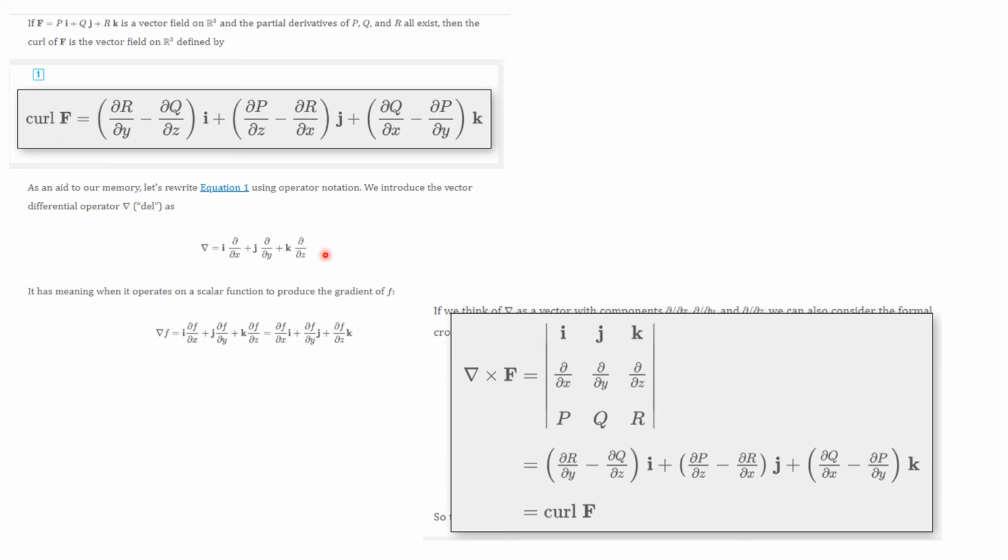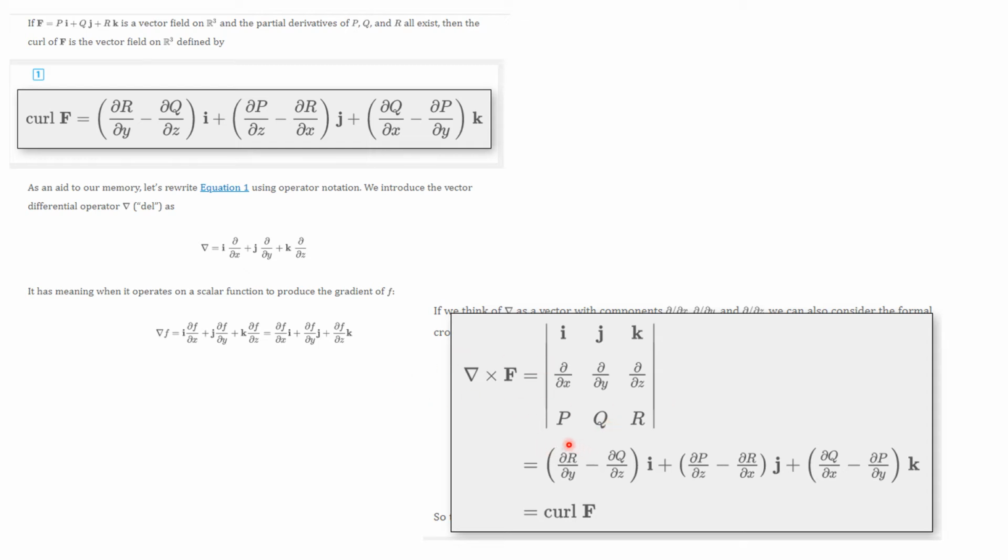Now with this new notation, I can take del cross f, now I'm using the notation that we had before for the cross product, even though the notation is a little bit clumsy, because these are the i, j, and k vectors. These are the components of what we have in each of the i, j, and k directions for del.